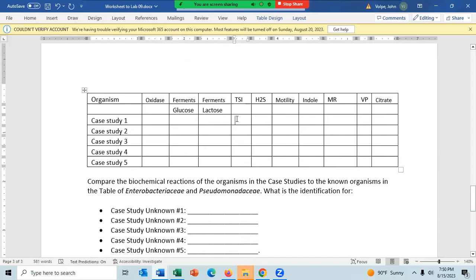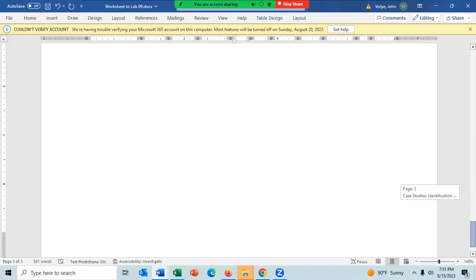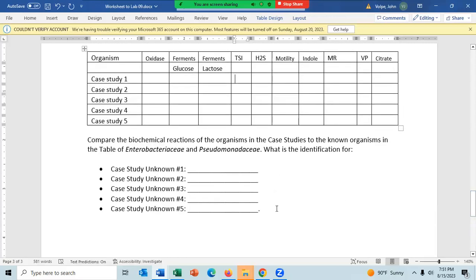TSI is a little more complicated, so you might have to put in a longer answer there. So fill this in for each of the case studies, and then tell me which organism from the table, which is either a member of Enterobacteriaceae or Pseudomonadaceae, is responsible for the case studies of case study 1, 2, 3, 4, and 5. So mention a species here.